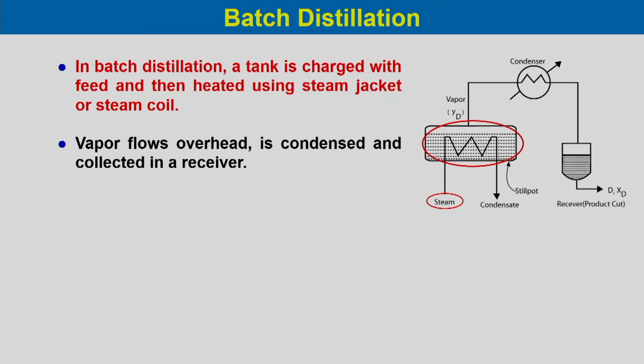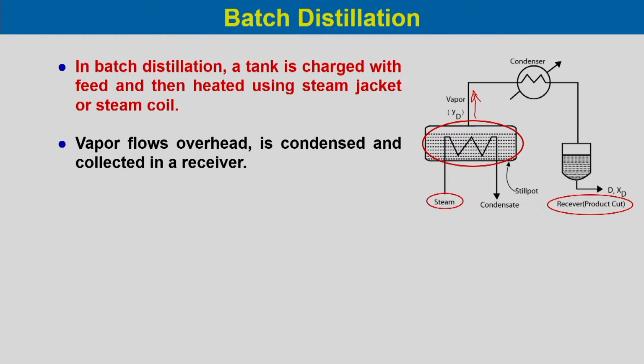What happens is the vapor flows overhead, goes upwards, passes through a condenser and is condensed, and then the liquid is taken as a product in the receiver.